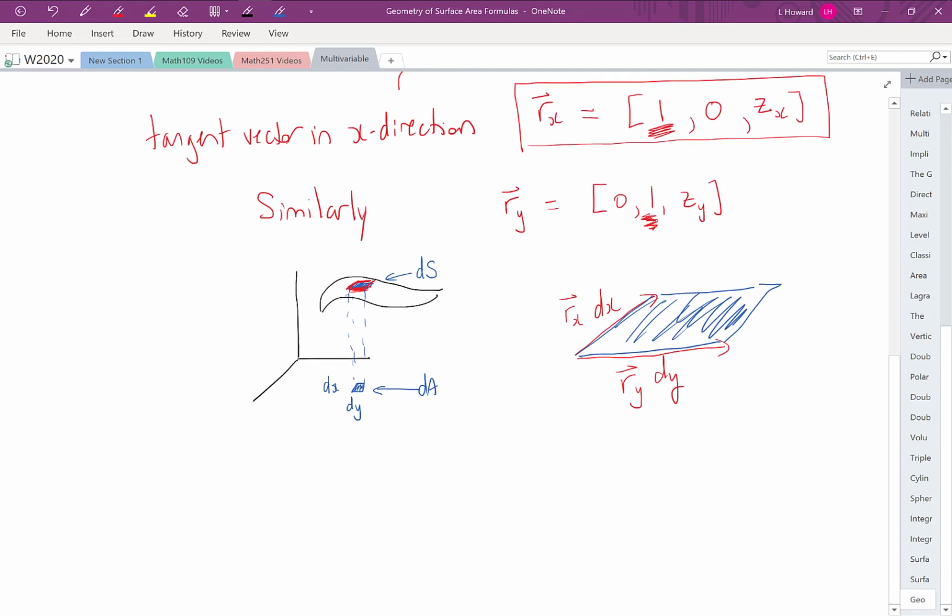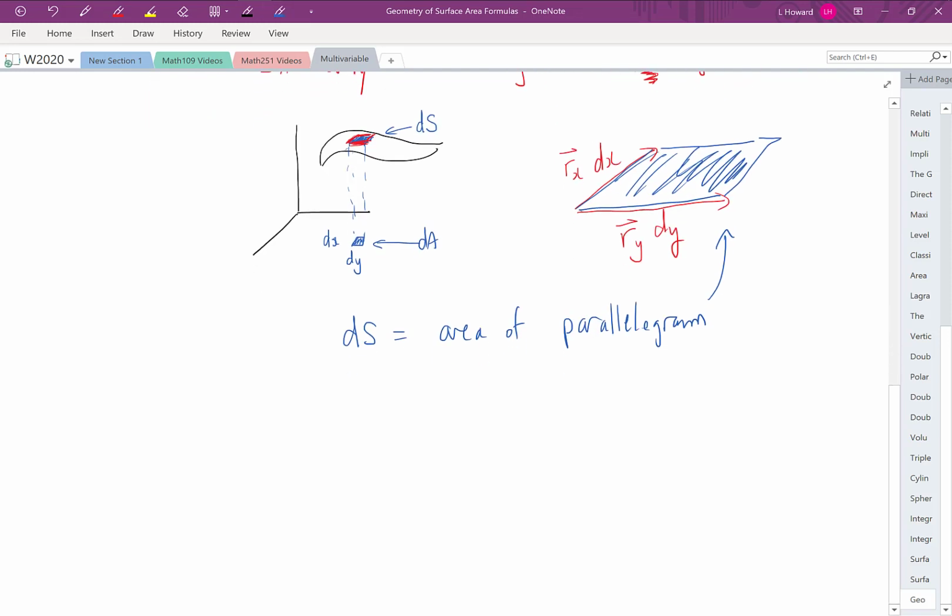All right, so this zoomed in parallelogram here, the area of this thing is ds. So let's say ds, our little chunk of surface area, is the area of this parallelogram. And then we're going to have a little flashback to linear algebra to remember how to calculate the area of a parallelogram.